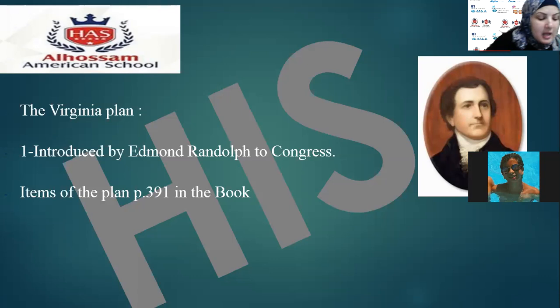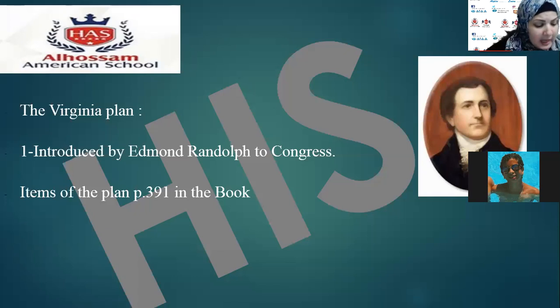As long as I have more population, I have more representatives inside the Congress. This part met many opponents, people who said no, this is not acceptable. How can a state with more population have more representatives? What about the states that did not have as much population?